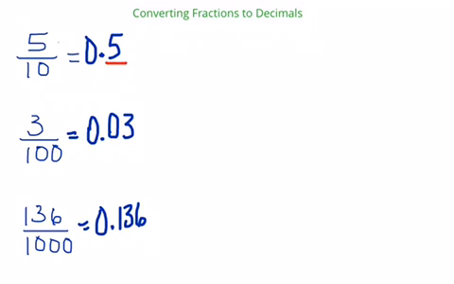In 3/100, there are 2 zeros in 100, therefore there are 2 digits after the decimal, 0 and 3. In 136/1000, there are 3 zeros in 1000, therefore I have 3 digits after the decimal. So that's one way that you can convert a fraction to a decimal.